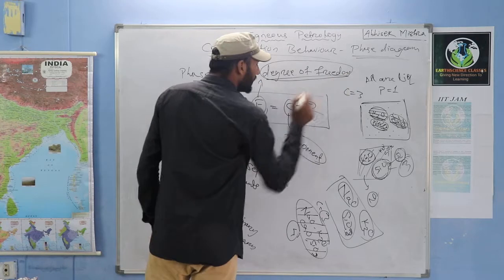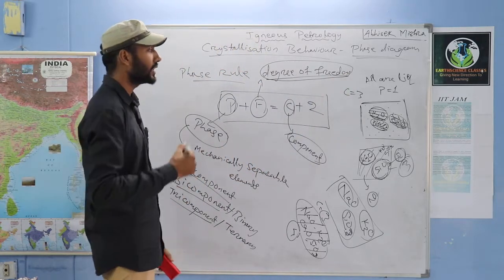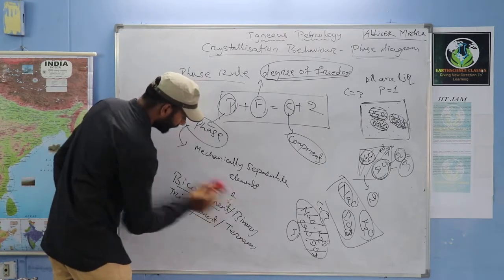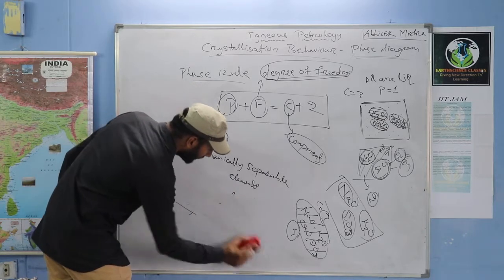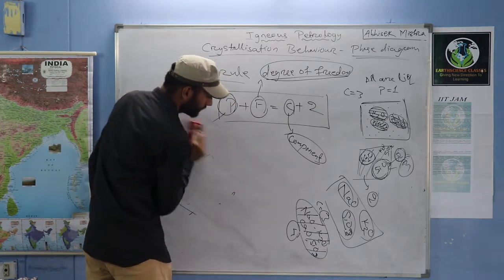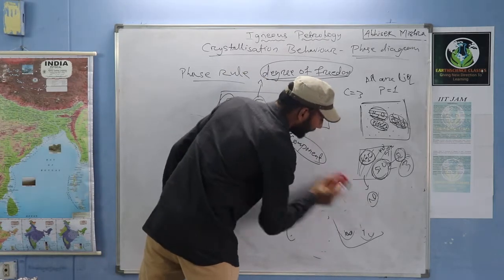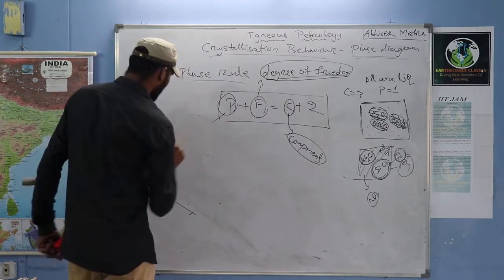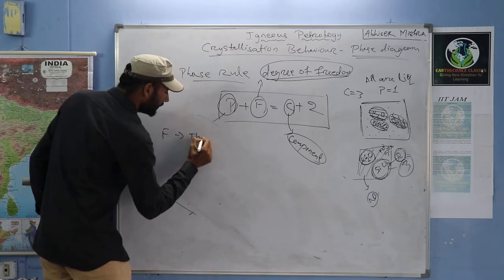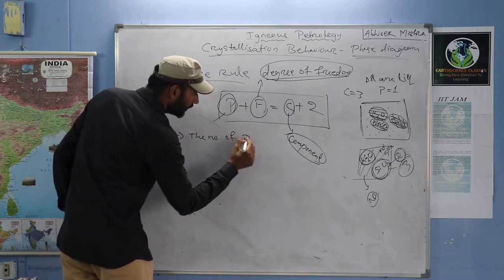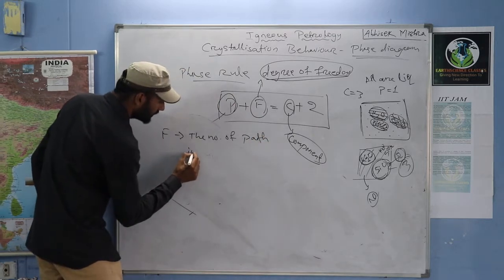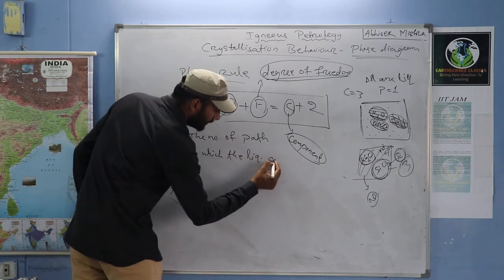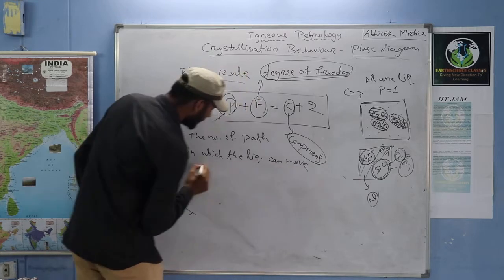So the degree of freedom determines the number of paths in which the liquid can move in a phase diagram.